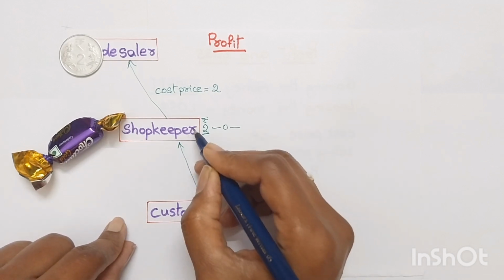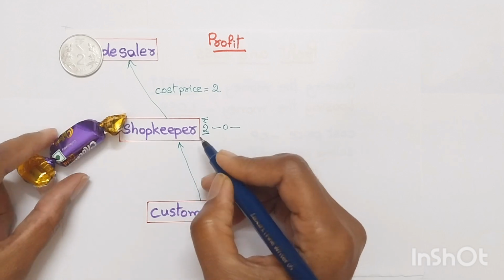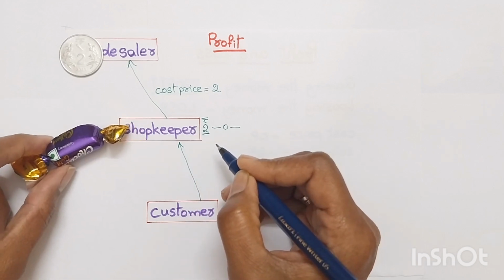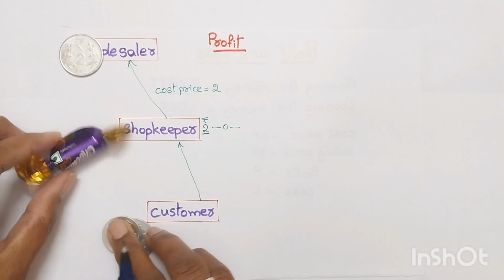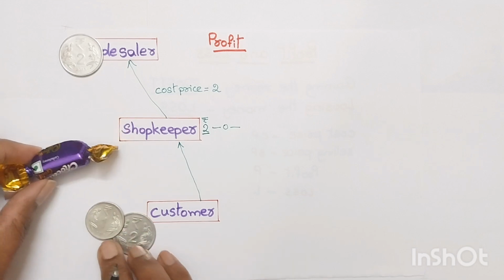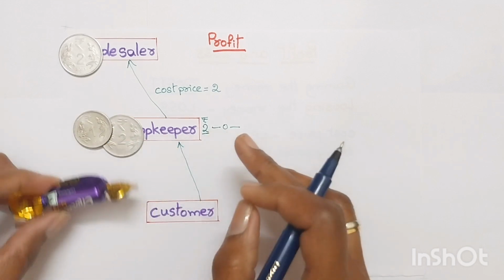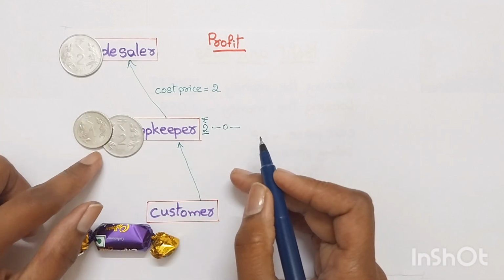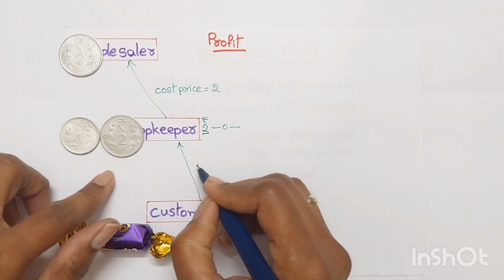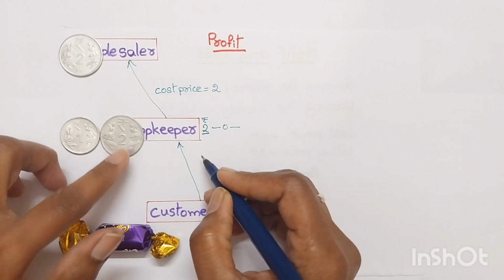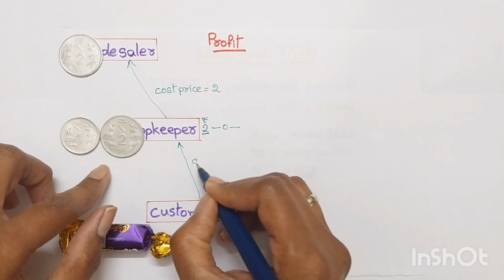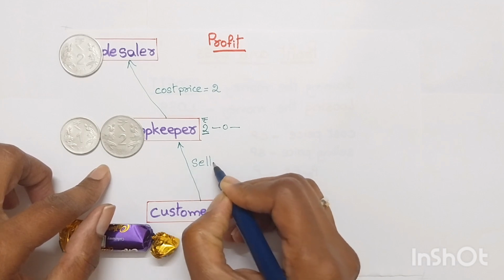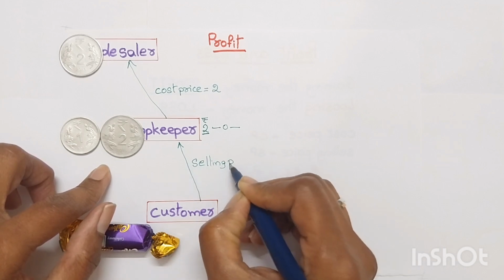The shopkeeper sold this chocolate to the customer for 3 rupees. So he gave the chocolate to the customer and took 3 rupees. This is called the selling price.